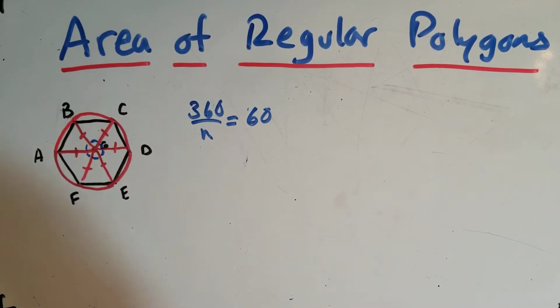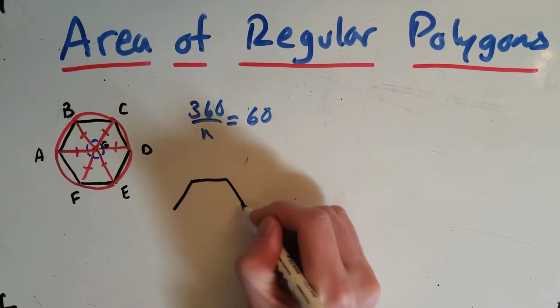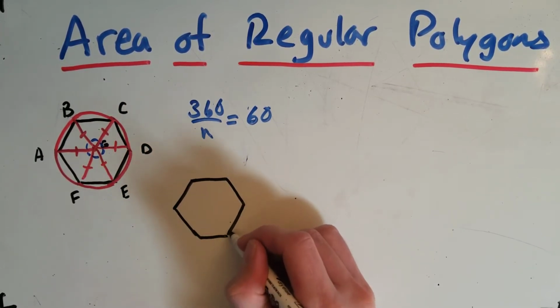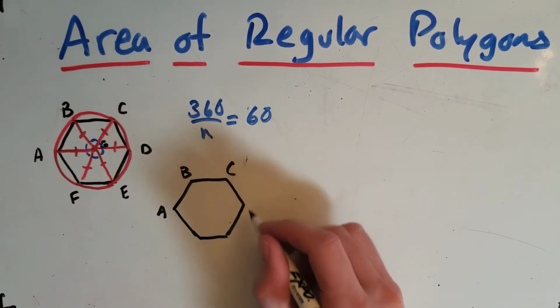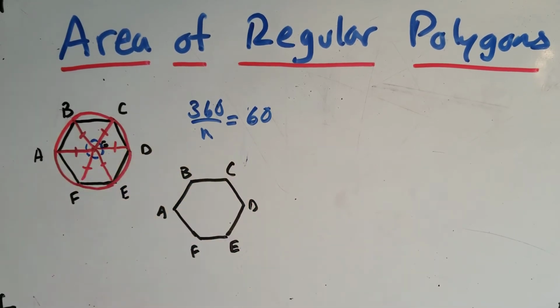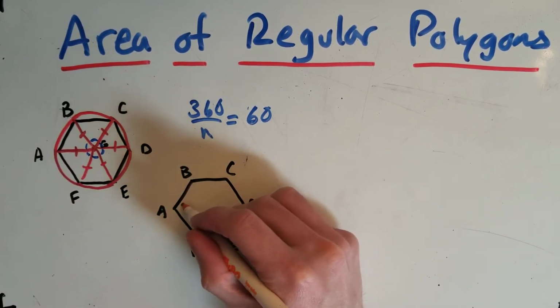I'm going to try to redraw another hexagon here. We can compare a different circle that gives us some special properties in hexagons. So if we have the same hexagon just over here, there's another circle that unlocks some special properties. This is a circle that can be drawn inscribed within the polygon.